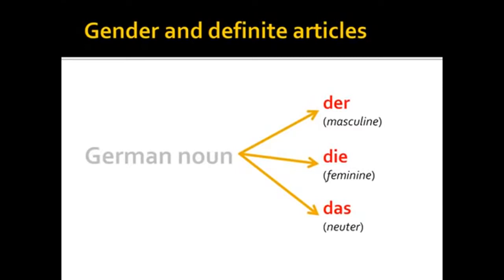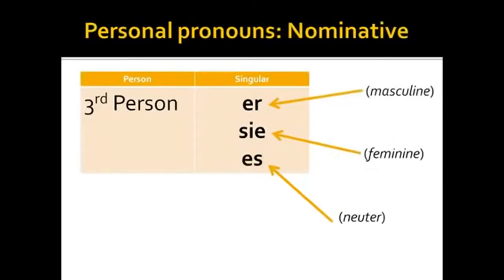So how does that come to bear in our discussion of personal pronouns? Talking about third person singular personal pronouns, he, she, it, well, that is, of course, a question of masculine, feminine, and neuter, as we see in this slide.